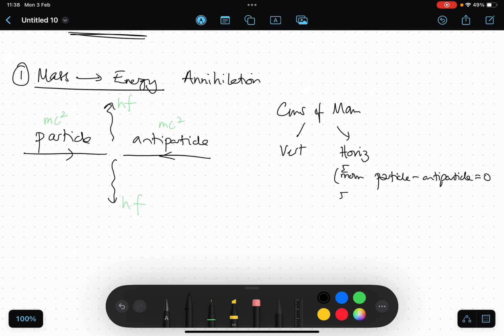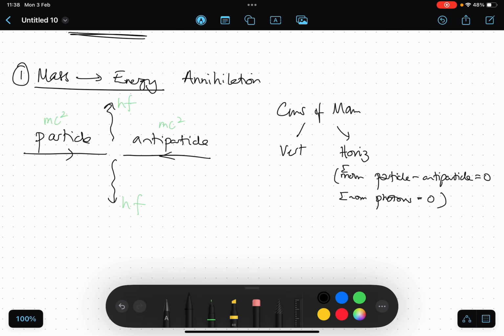So therefore, if we sum the momentum of the photons, remember what we said earlier, photons have momentum, that also has to equal 0. And if we consider the motion of the photons horizontally, there is no component of their motion horizontally. It's pure vertical motion. So horizontally, momentum is conserved.